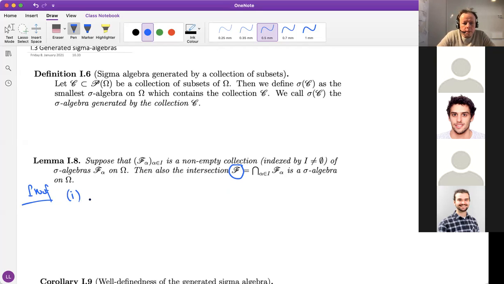Well, we know that the full set belongs to F alpha for all alpha, because F alpha is a sigma-algebra, so it contains the full set. But if it is in every F alpha, then it follows that omega is also a member of the intersection of the F alpha.